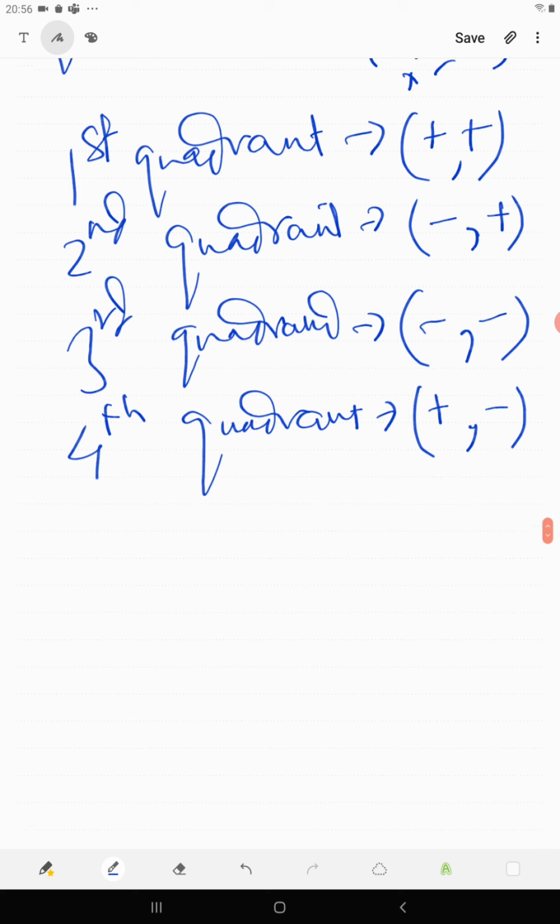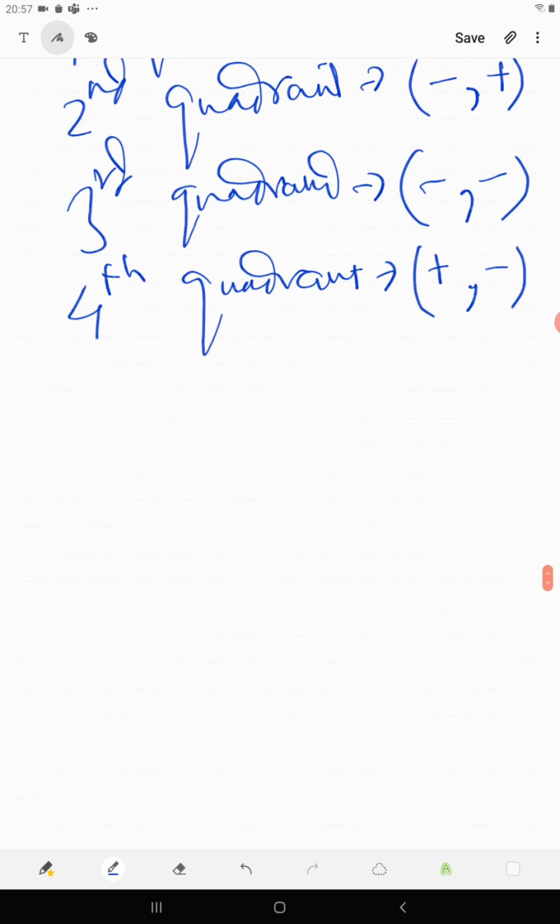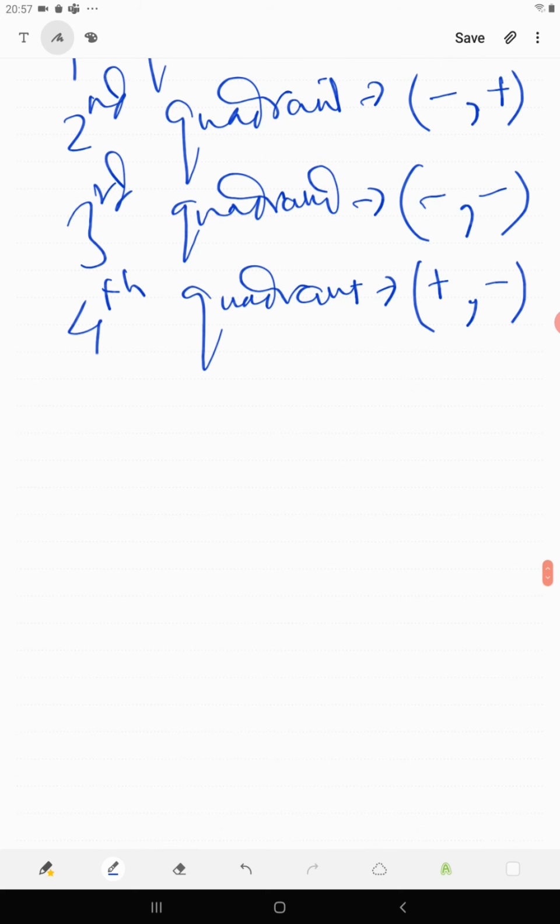Okay, so if we have any equation, we can check it with various points. We will take various points and can draw a line through them. I will show you with one example how to draw a line.